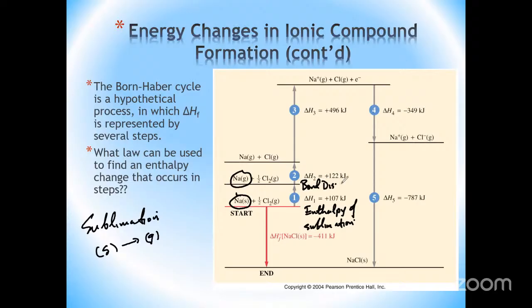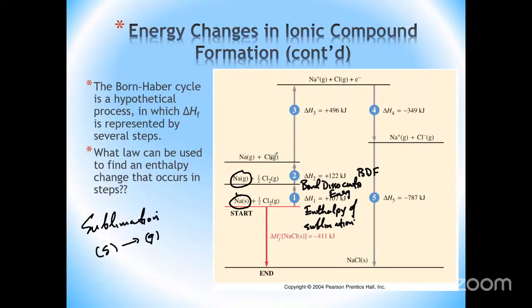It's the same thing as atomization, but I think in most textbooks they use bond dissociation energy, also known as BDE. All right? Okay, so at this stage, we have sodium gas and chlorine gaseous atoms.